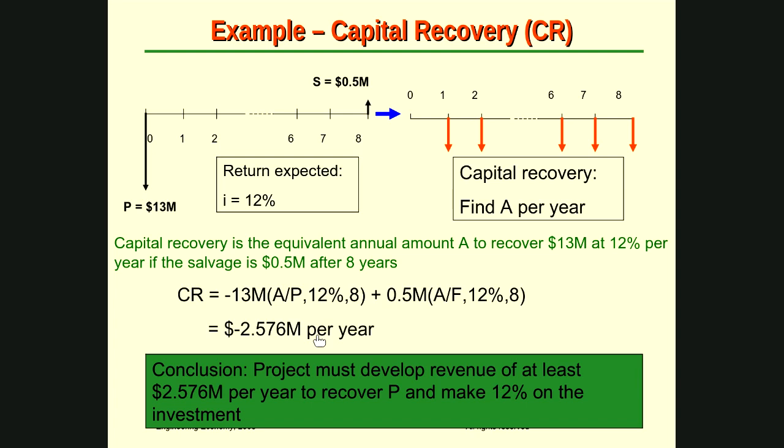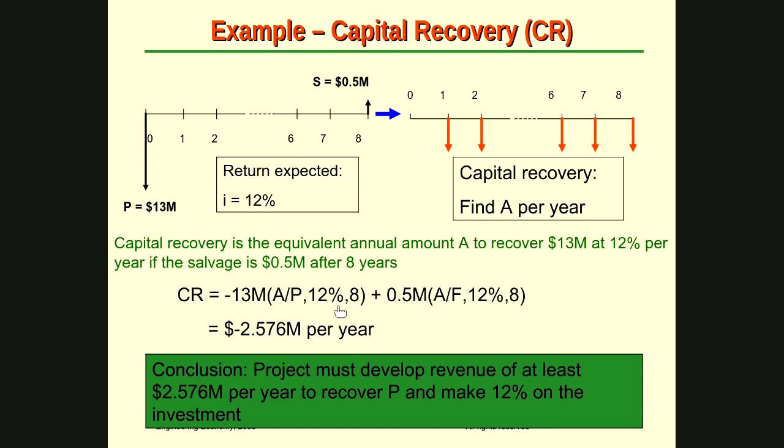Samad, can you take the mic? Explain. Now you are asking about the salvage or the initial cost? What about the 0.5? Yeah, the 0.5, this is salvage, and that salvage we exclude from the initial cost.